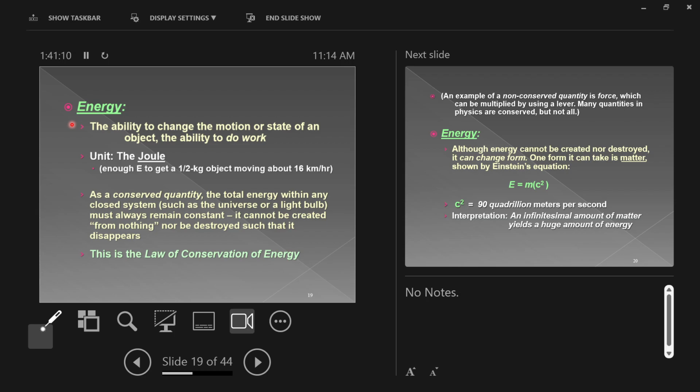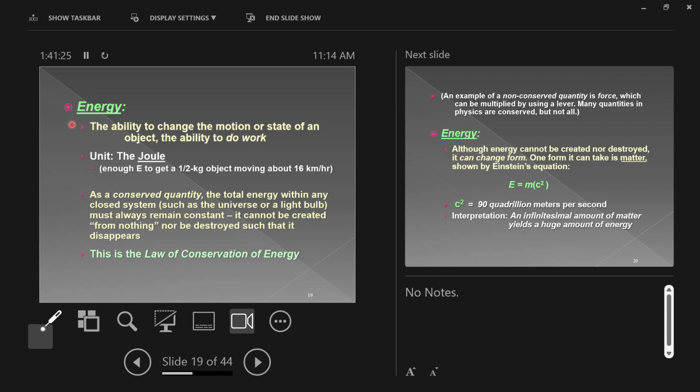The joule is enough energy to move a half kilogram object to a rate of about 16 kilometers per hour.